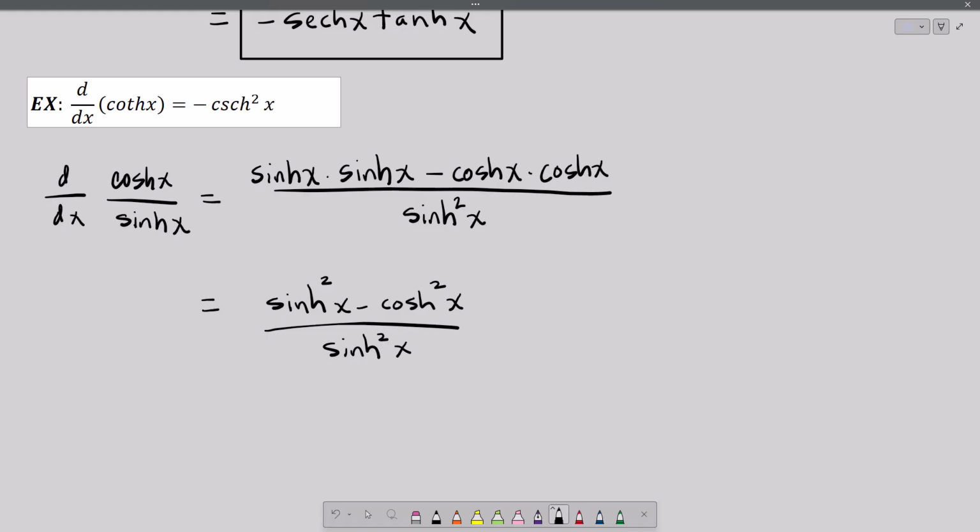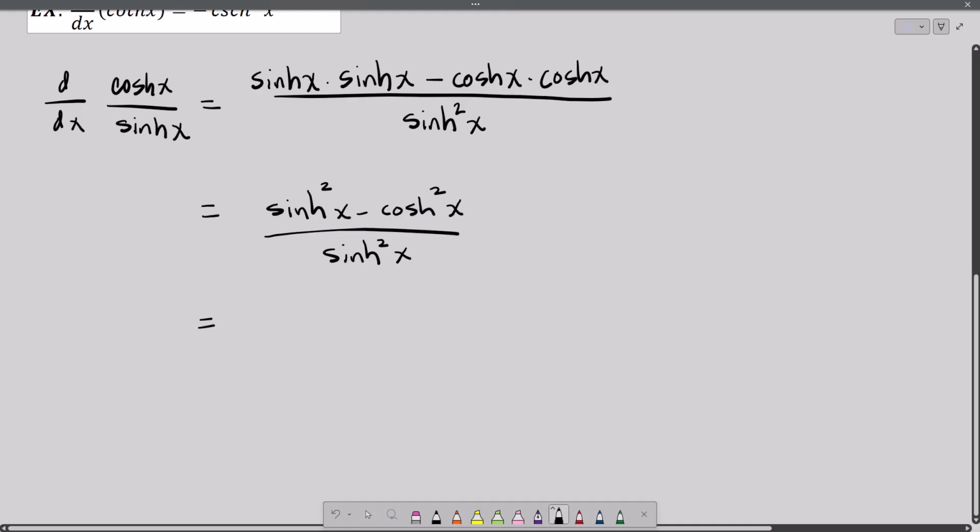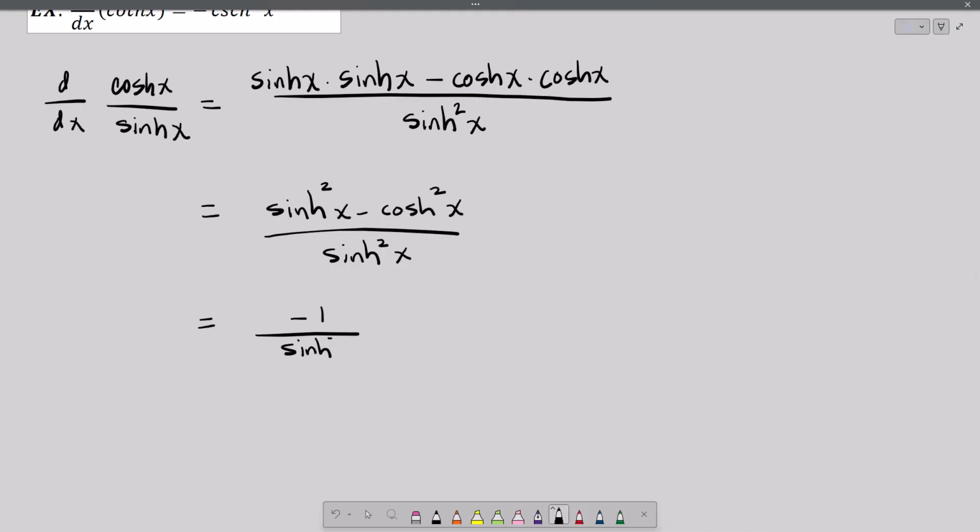So cosh squared minus sinh squared is 1. If we reverse that, we get -1. So this will be -1 divided by sinh squared of x. And 1 over sinh is cosech. So minus cosech squared x. That's what we're trying to get to.